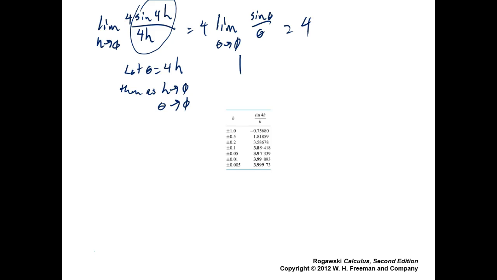Let's see, 4. 1 is about 1/3 of a pi, so this would be 4/3 of a pi, and that would be over there in the third quadrant, and sine is negative there. So h is plus 1, 4h is plus 4, sine of 4.